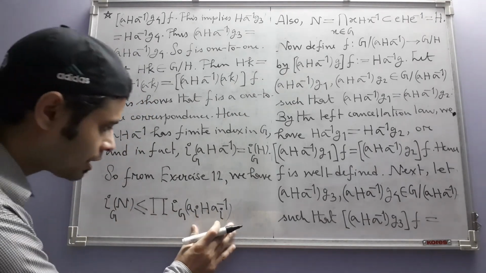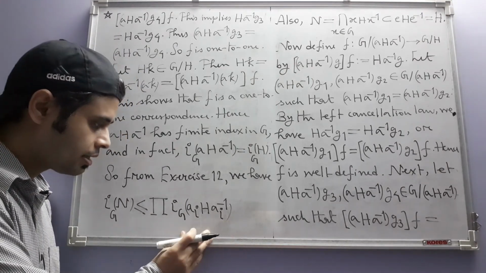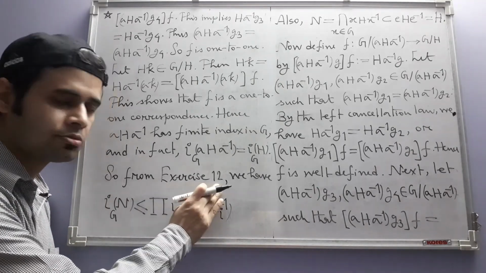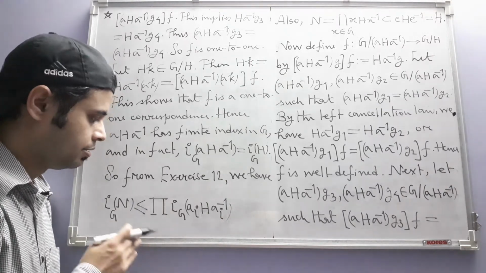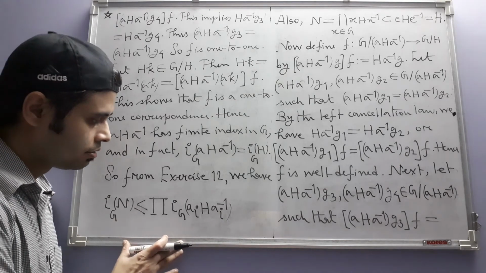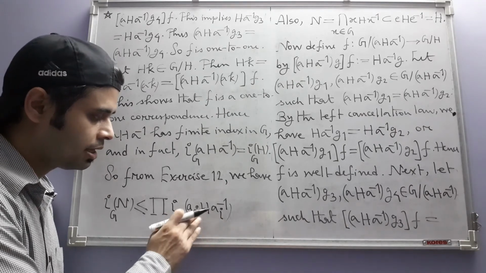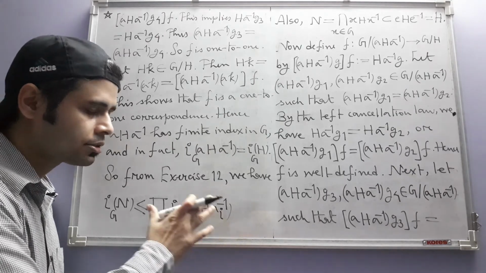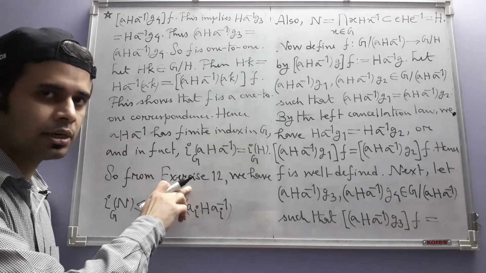Because each one of them now has finite index, their intersection also has finite index, and this follows from exercise 12. By using exercise 12 repeatedly, you can view n as the intersection of, say, the first n minus 1, or for that matter the first group A1 H A1 inverse and another subgroup which is the intersection of the remaining ones. So you apply this inequality that we have proved in exercise 12.